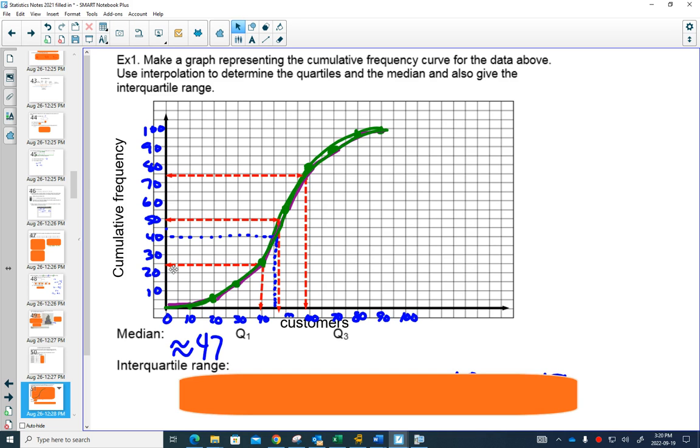The cumulative frequency curve gives you a little bit better estimate because you've drawn a smooth curve through each of these. It gives more of a sense, well, where in the 40th to the 50th should it be? In this case, I'm saying it's closer to 50 than it is to 40, based on how this curve fits through the data.